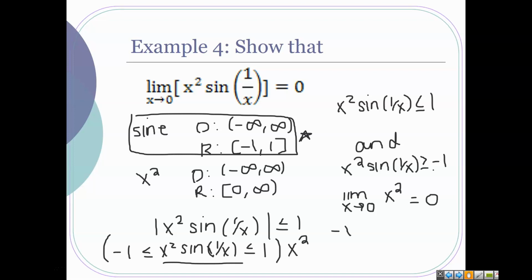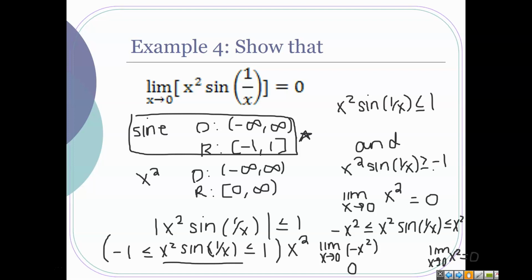So we have negative x squared, and because we've applied our range, the limit as x approaches 0 of negative x squared is 0. The limit as x approaches 0 of x squared is 0.